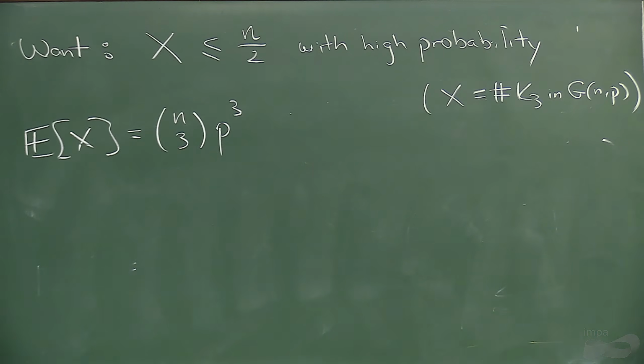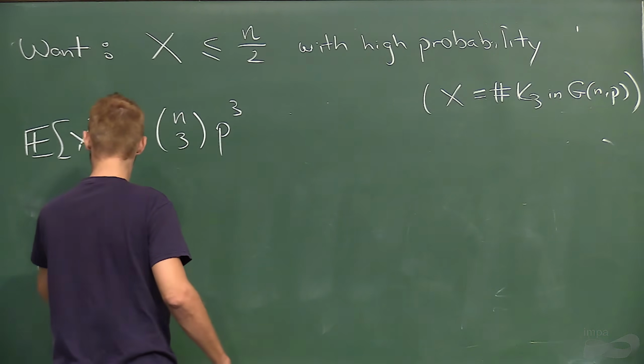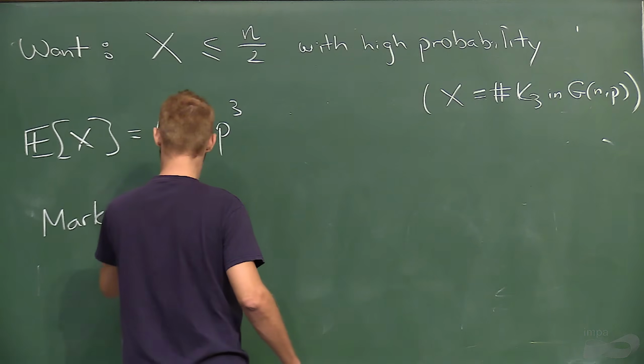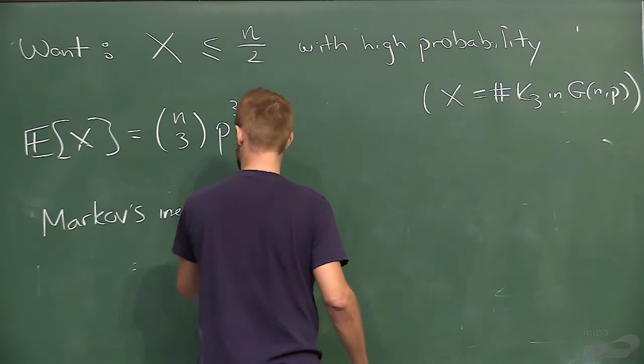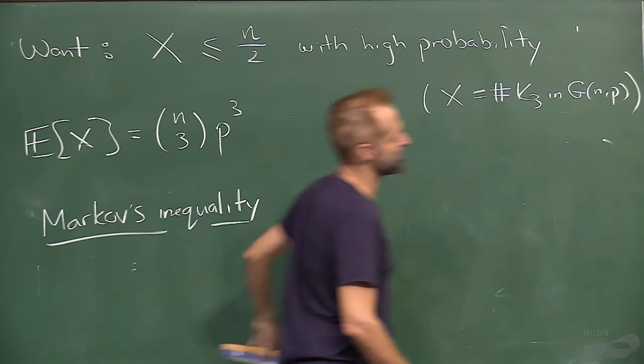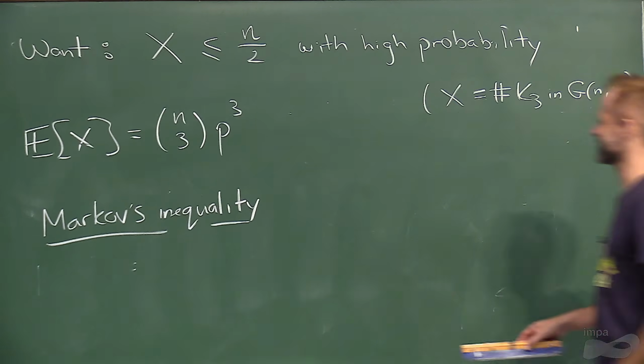So, what we'd like is something that tells us that X is not likely to be much bigger than its expectation. And that thing that tells us is called Markov's inequality. Maybe I should write it. Okay, I'll write it again later.